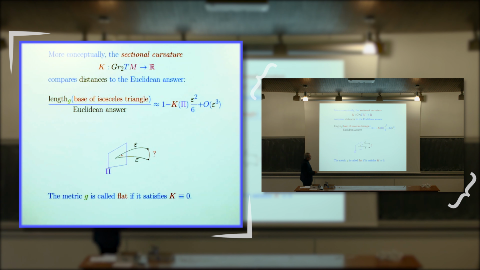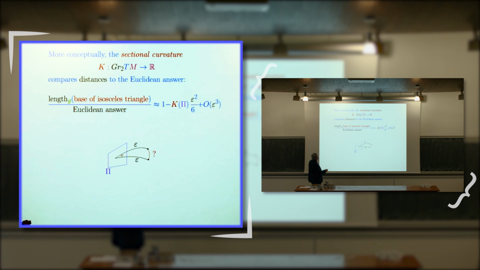And it turns out that this distance, if you compare it to what you would get in Euclidean space, to lowest order, it's 1. And then there is a quadratic deviation. So the quadratic deviation has a coefficient, and that's this sectional curvature, which, in the case of a 2-dimensional manifold, would exactly be the Gauss curvature at that point. But in higher dimensions, it depends on which 2-dimensional plane you choose in the tangent space.